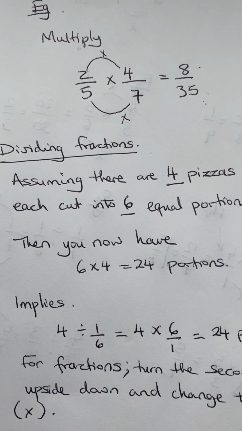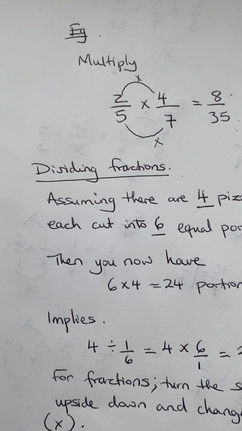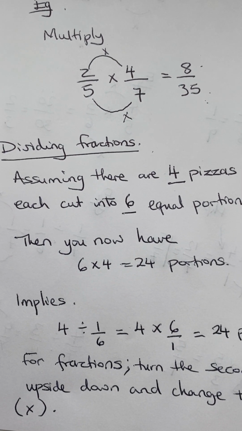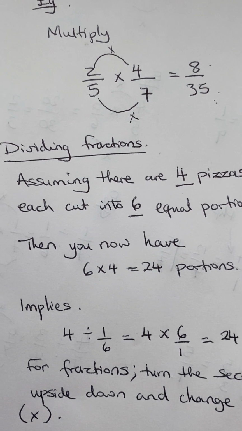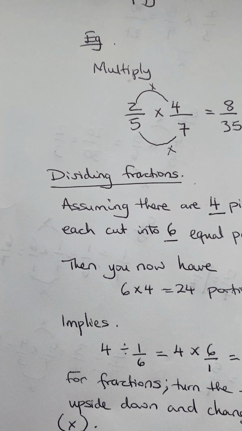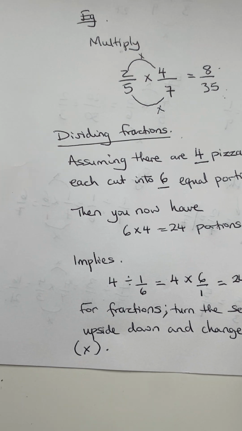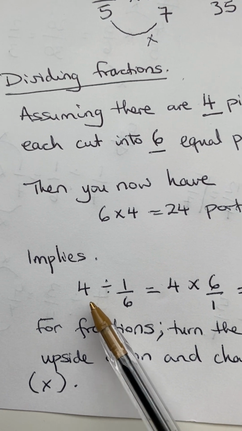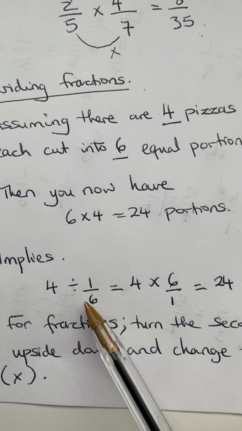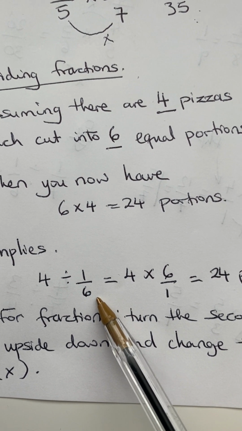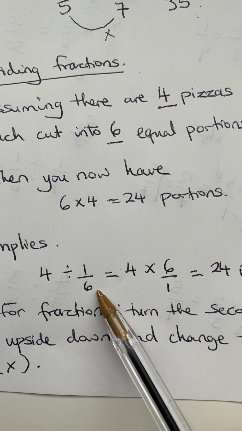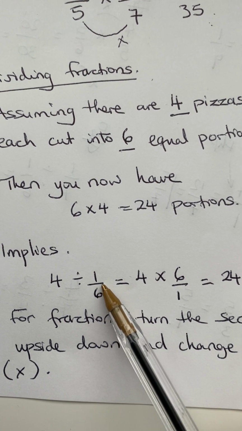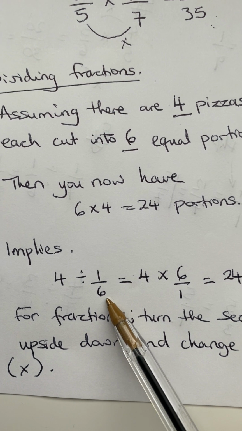What I've done is, now I have 24 portions to serve 24 or 12 people. What it means is 4 pieces divided by 1/6, because each of them is cut into 6 parts.